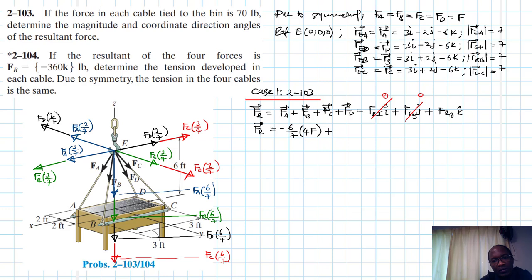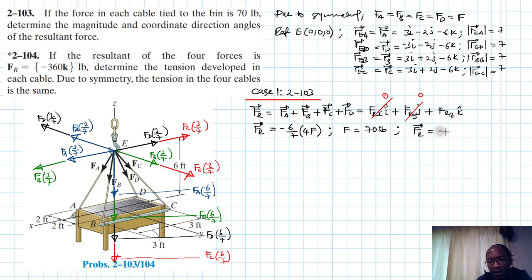And we've been told that F is equal to 70 pounds. Therefore, F resultant is just going to be equal to 6/7 times 4 times 70.